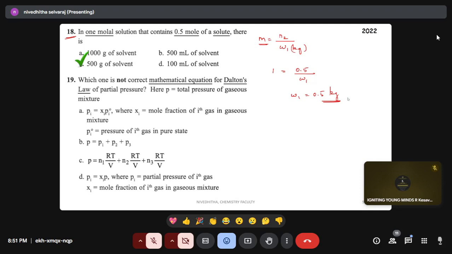We have to find the mathematical equation which is not related to Dalton's law of partial pressure. See, all four equations might be right, but we have to find which is not related to Dalton's law of partial pressure.